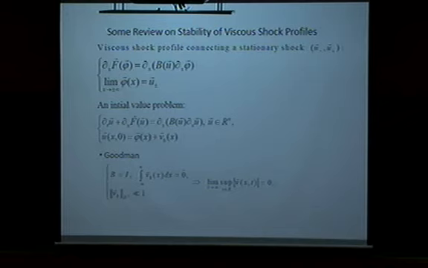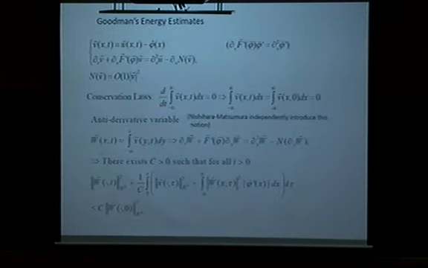There is a methodology introduced by Goodman. In the case where the viscosity coefficient is the identity matrix, the total mass of the perturbation is 0, and the initial perturbation is small in the Sobolev norm, one can prove stability.